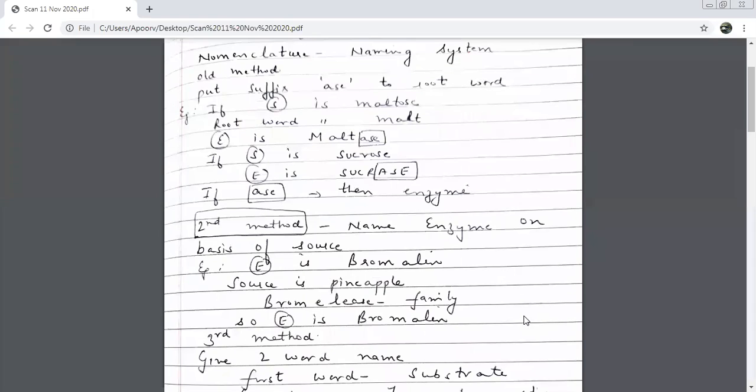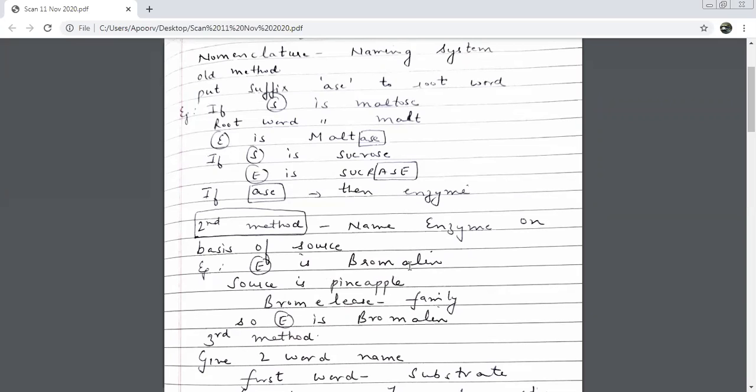Now let's proceed further. A little advanced system, that is your second method. You name the enzyme on the basis of its source. From where are you getting the enzyme? So name it from the source. For example, there is an enzyme called bromelain.